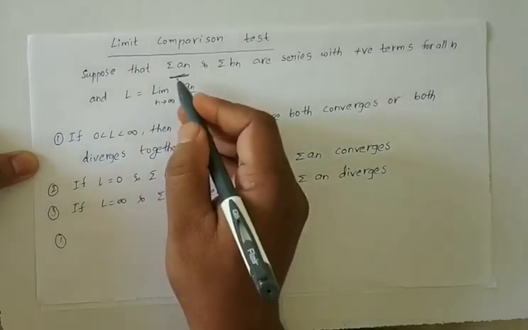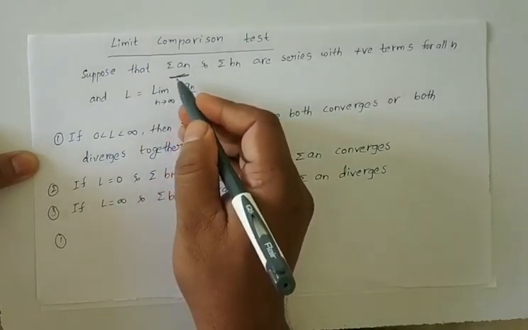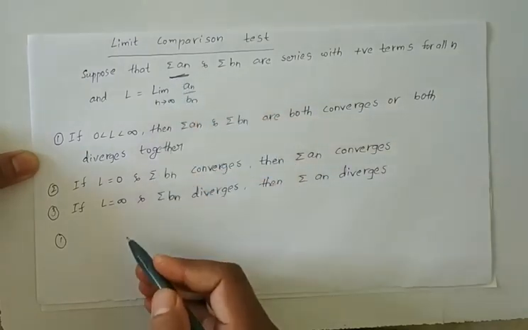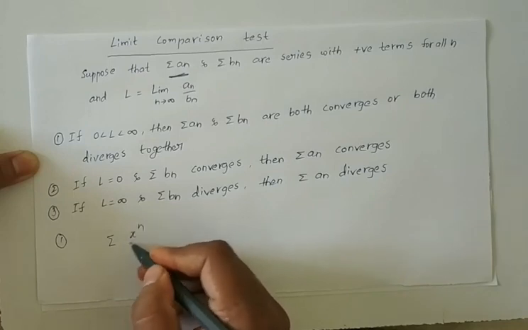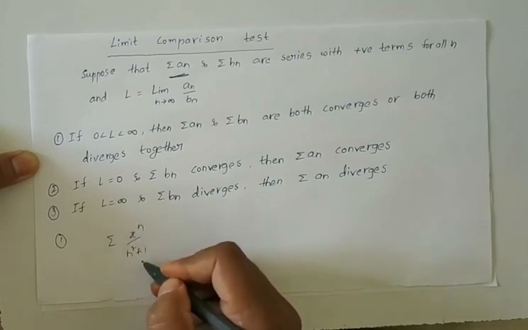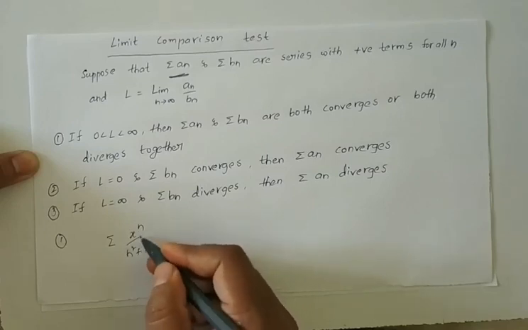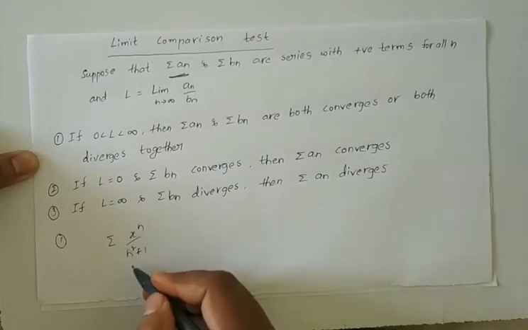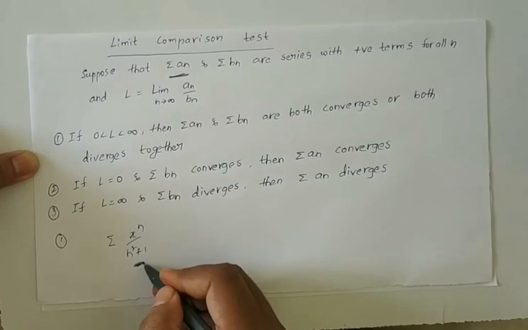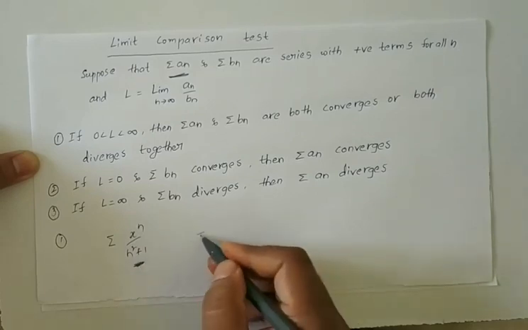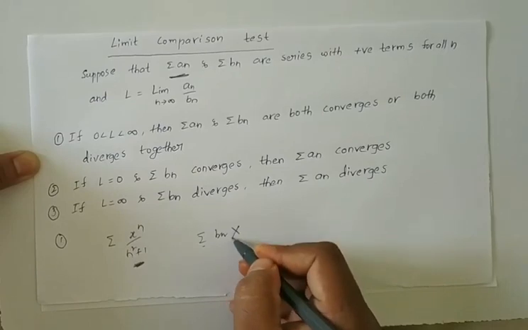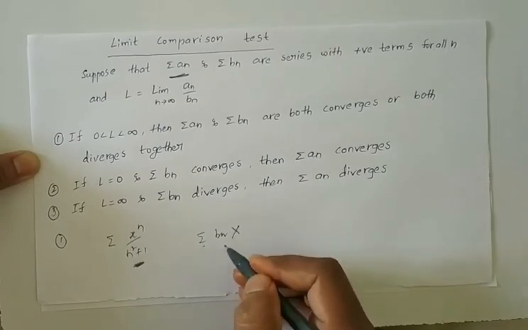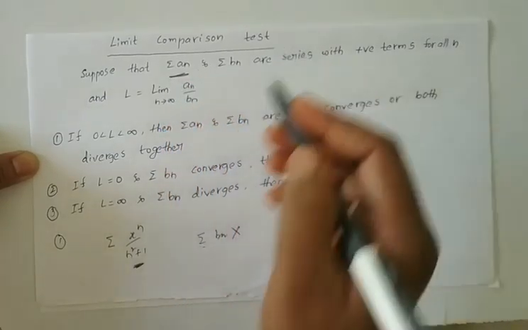If this series involves powers of x, for example, summation x power n by n square plus 1, here you see the x term is there. Then in this case you cannot choose summation bn. That means in this case you cannot apply the limit comparison test.